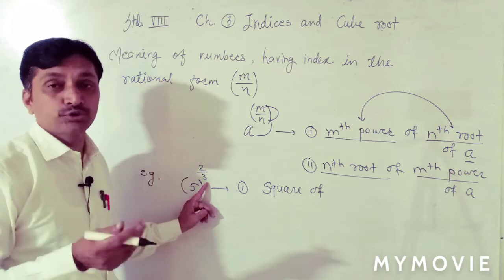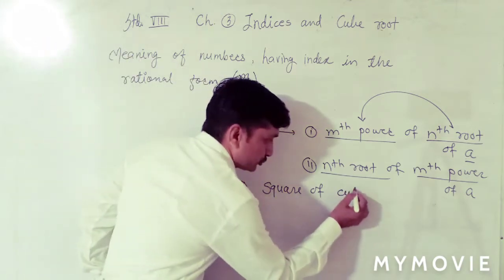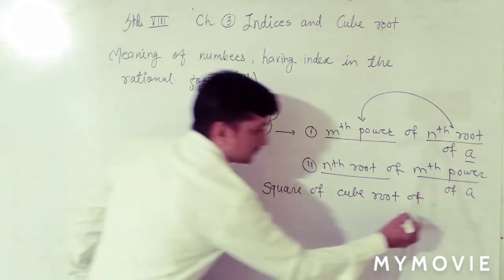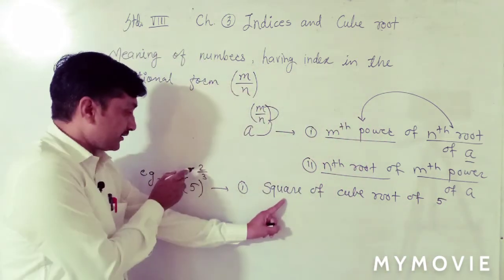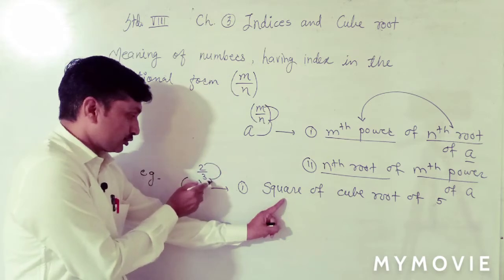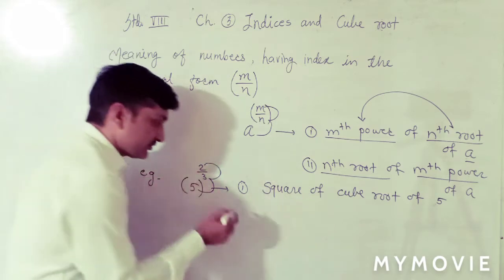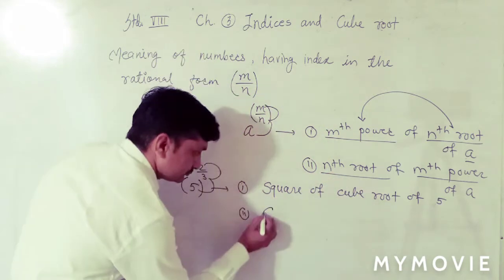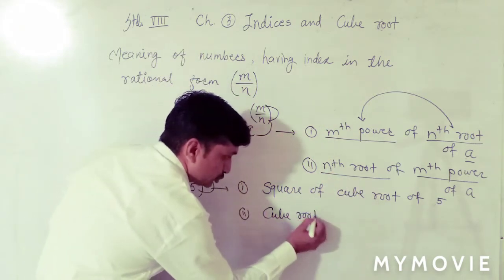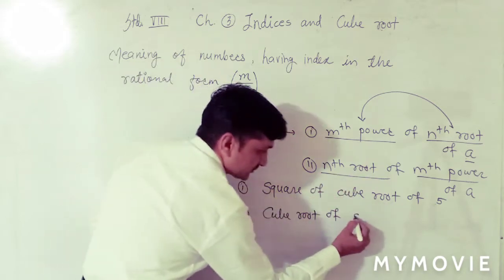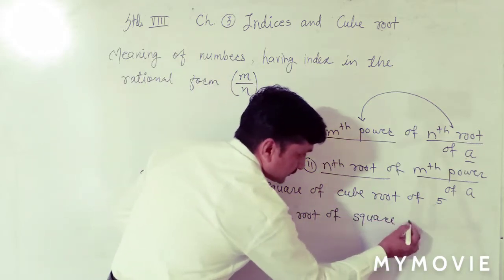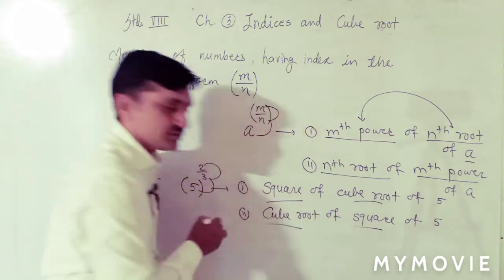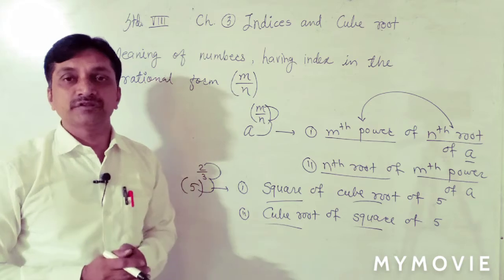Third root means cube root of, what is the base? 5. See, it is written like this: square of cube root of 5. Or the second way, write this first: cube root of, then square afterwards, square of 5. Same, only these are interchanged here. These are the two ways.